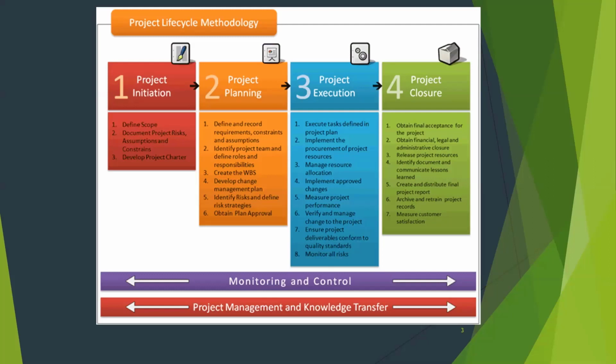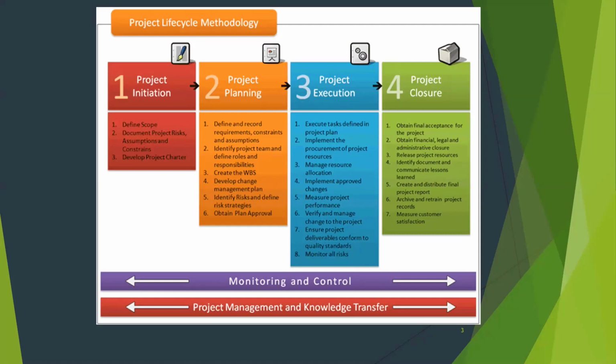You're continuing to manage your risks and your issues, manage and issue any change requests that might deviate from what was agreed upon originally in terms of scope, schedule, or budget. Once you've completed the execution, you're ready to close out the project and obtain final acceptance of the product or project deliverables. You might do a lessons learned, measure customer satisfaction, and archive your project records.